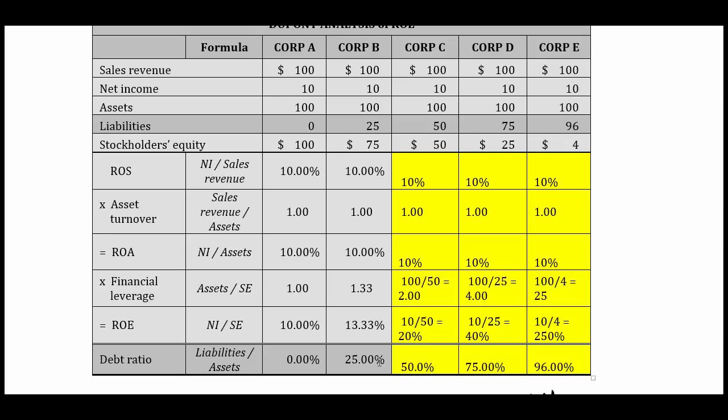C is 20%, D is 40%. 40% return on equity is really high, and E is a 250% return on equity. Even though all 5 companies have the same level of profitability, how did C, D, and E manage to get so profitable?